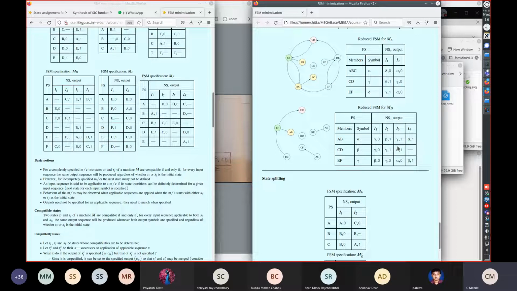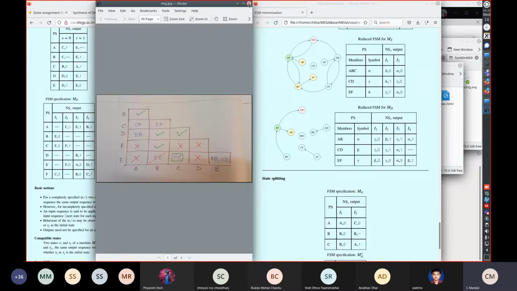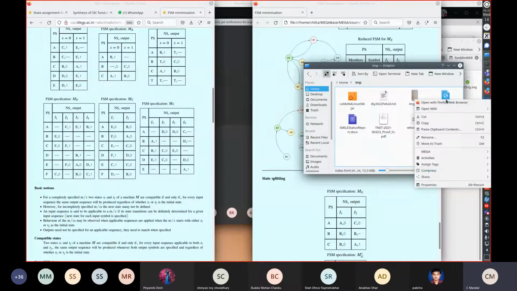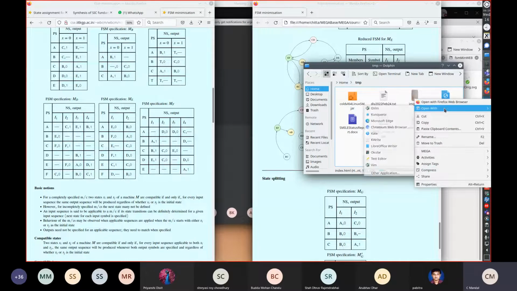I think we should do one more exercise. Why don't you take up MF and redo the exercise? You have seen the results for this; you can do it for MF as well.